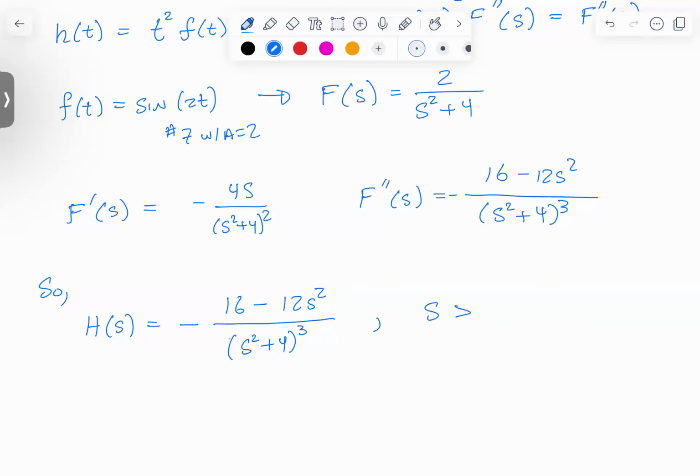And then what is our restriction? 0. Those are the easiest ones, right? Because it's just 0 every time.